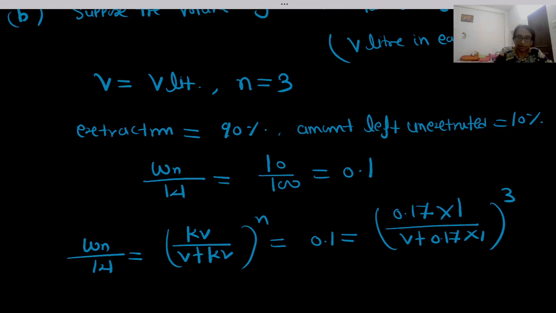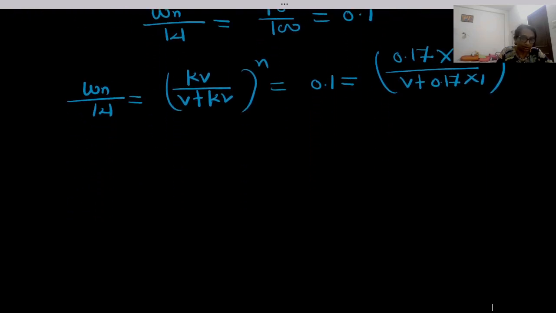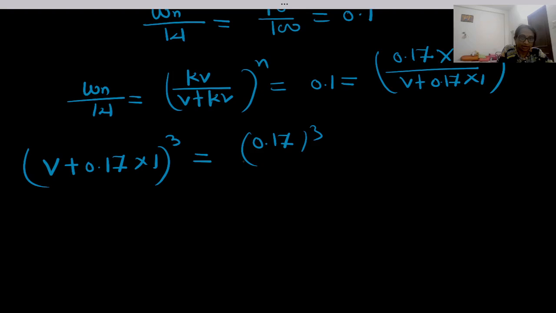So now calculate all these values: V plus 0.17 into 1, to the power 3, is equal to 0.17 cubed upon 0.1, or we can write V plus 0.17 cubed is 10 into 0.17 cubed, right?